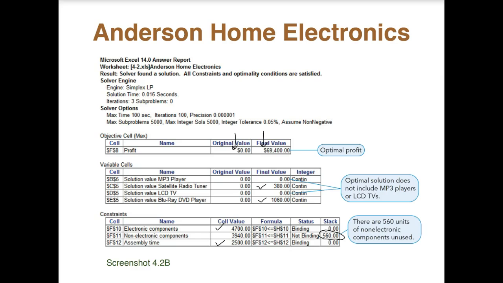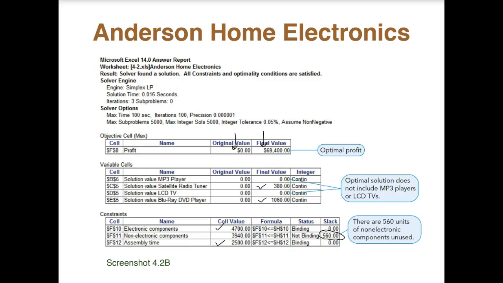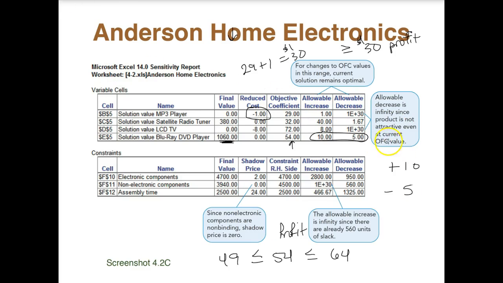If we look back at what our selling price is, we see that we're at $110. So coming back here, if we're saying that, then of course $110 plus 10 is going to give us 120. So that's going to be on the high end. And 110 minus 5 is going to give us 105 on the low end.